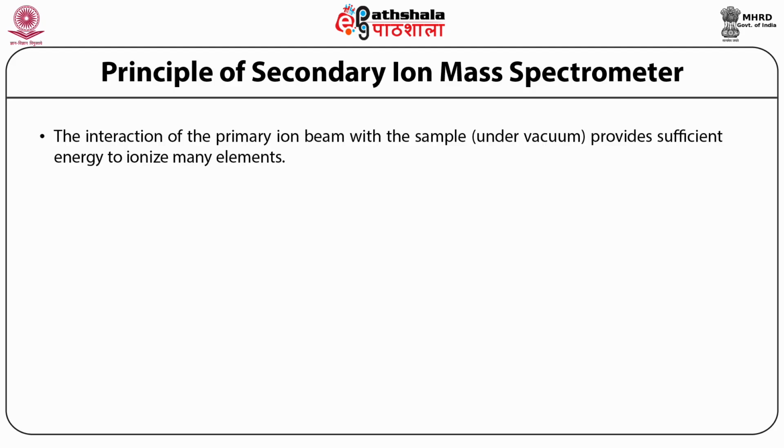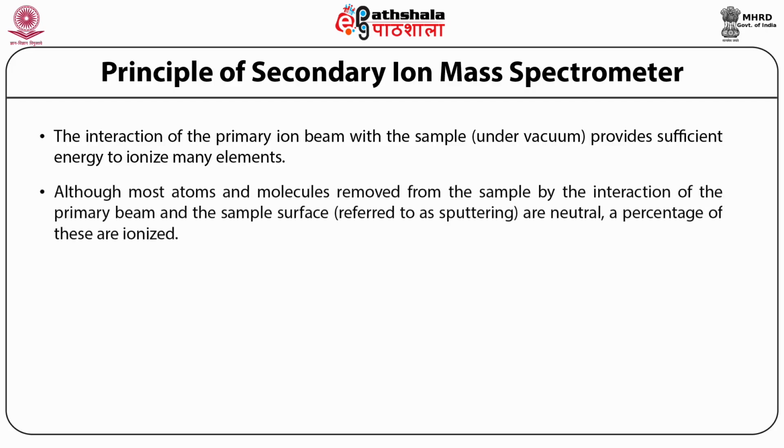Primary beams of negative ions favor generation of positive ions. Although most atoms and molecules removed from the sample by the interaction of the primary beam and the sample surface, referred to as sputtering, are neutral, a percentage of these are ionized. These ions are then accelerated, focused, and analyzed by a mass spectrometer.